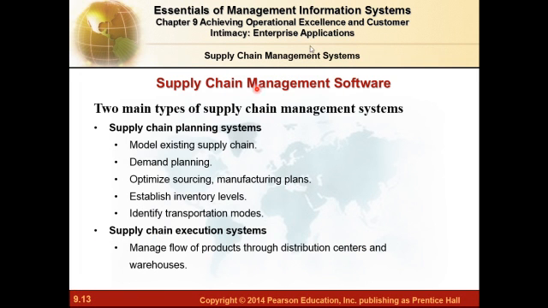There are two main types of supply chain management system: the supply chain planning system and also the supply chain execution system. The supply chain planning system can provide information up and down the chain and help everyone involved do a better forecasting job, because this is the planning system.